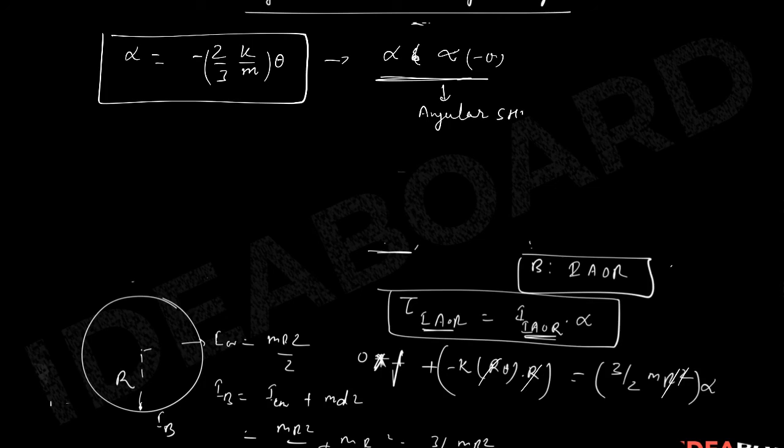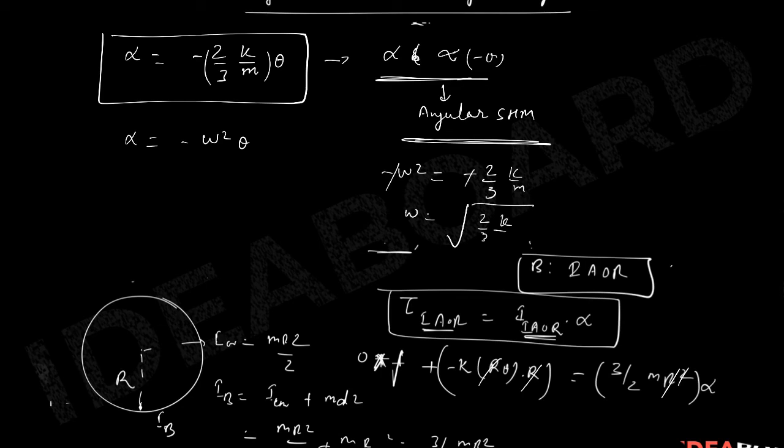So this is angular SHM, and we can compare with minus omega square into theta. So from here we can compare, omega square is equal to 2k by 3m, this minus minus is cancelled out, and omega is under root of 2k by 3m.